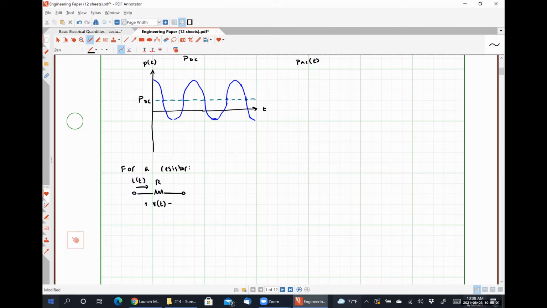Hopefully you guys can recall from our phasor relationships that we had V phasor was equal to I phasor times R. And we found out then that the magnitude of our voltage Vm was equal to R times the magnitude of our current. And we also found out that theta V was equal to theta I.